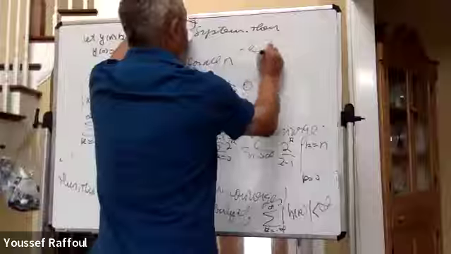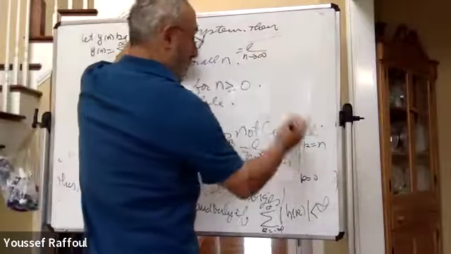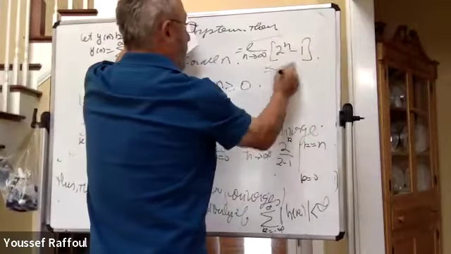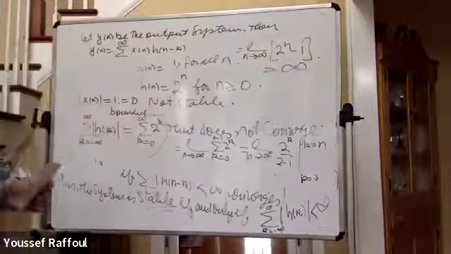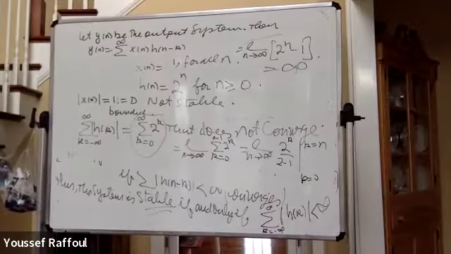And that is the limit as n goes to infinity of 2 to the n minus 1, and that goes to infinity. You see that? Okay?